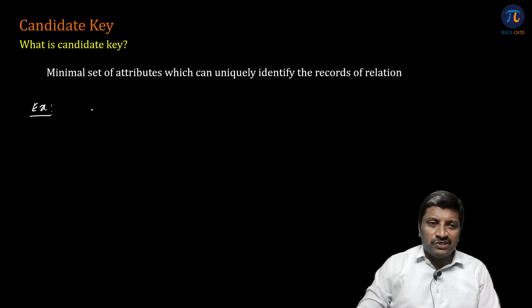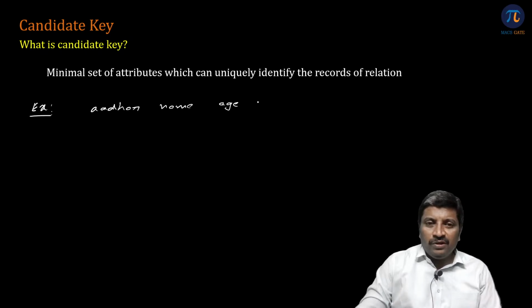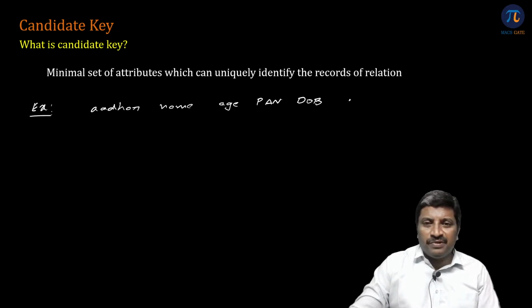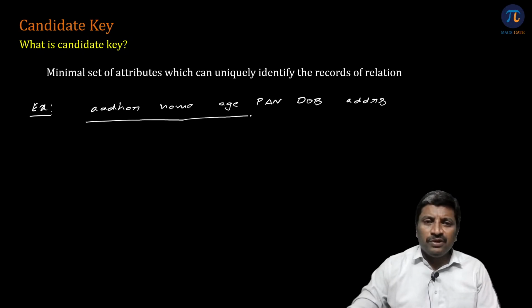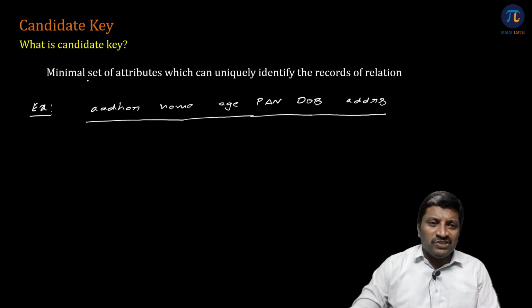Suppose let us consider an example in which the relation has attributes Aadhaar, name, age, PAN card, date of birth and address. Let us assume these are the attributes of my relation. What is the minimal set of attributes?